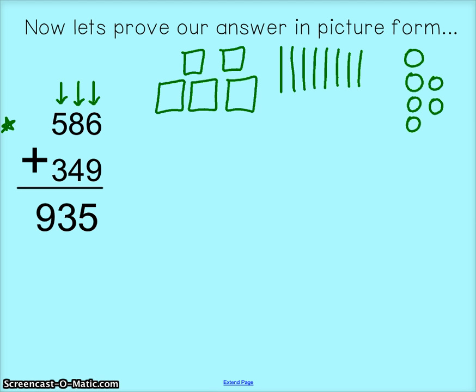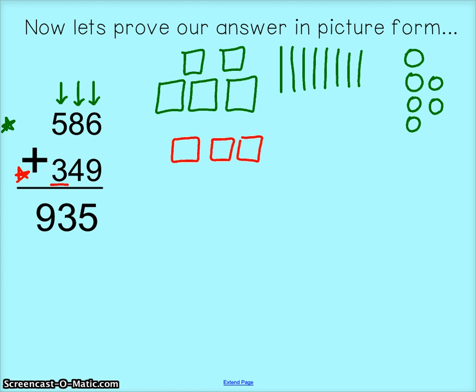I'm going to go to my next number because we're adding 586 to 349. So now I have to line up my place value pictures to get the right answer. So I'm adding 3 more hundreds. So 1, 2, 3.